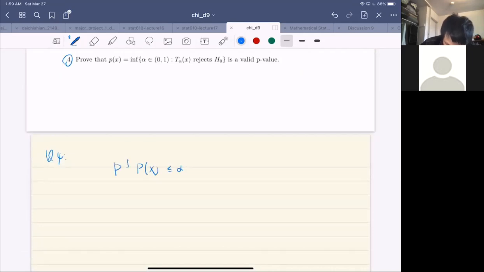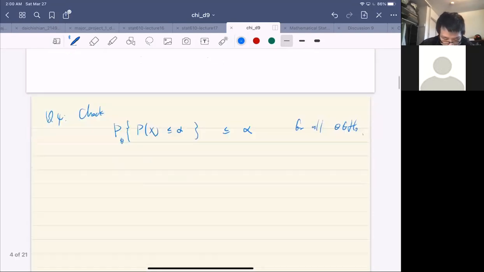We want to check whether it is smaller than alpha, under theta for all theta belonging to Θ0.